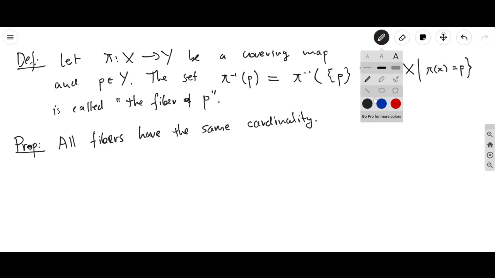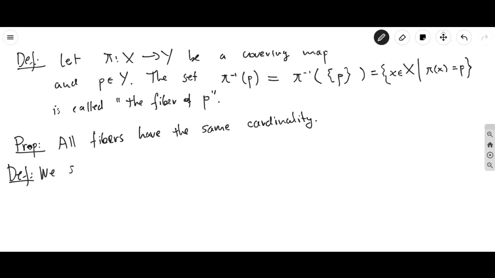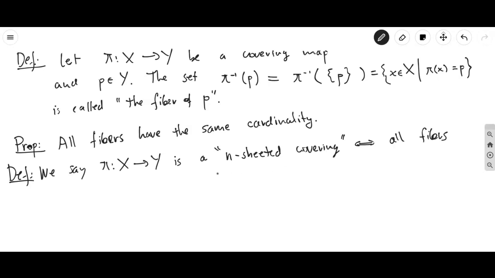So let's give a proof of this. And before we give a proof, maybe we make a definition here. We say pi from x to y is an n-sheeted covering if and only if all fibers have n images.